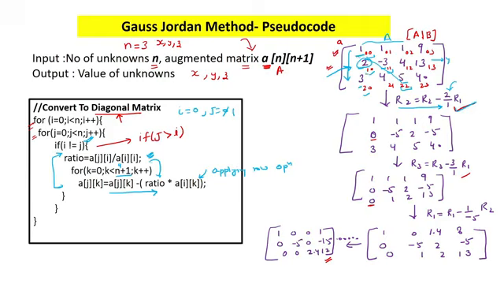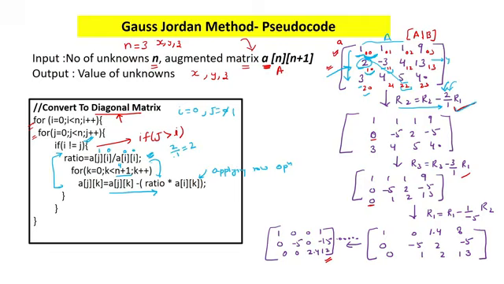That means this element, which is present at index 1 0, should be divided by the element present at index 0 0. Here j is 1 and i is 0, and here it is 0 0. So a10 divided by a00 is actually 2 upon 1, so we will get the ratio as 2.